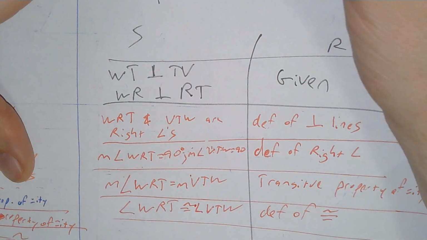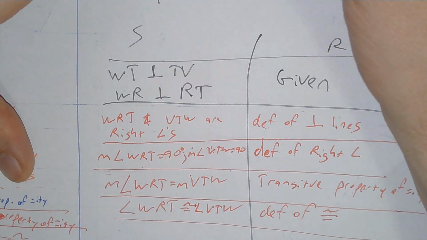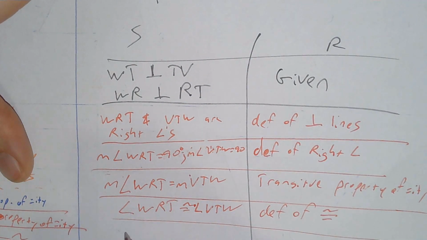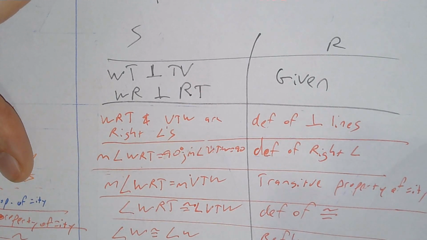you could say that W is congruent to W because of the reflexive property of congruence.